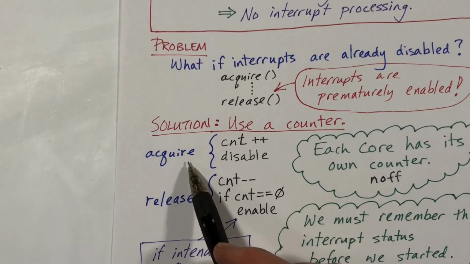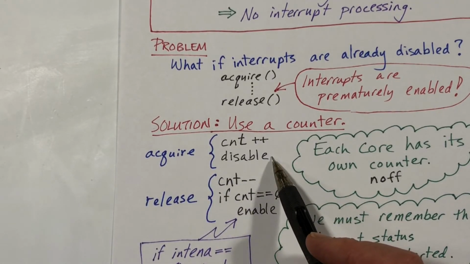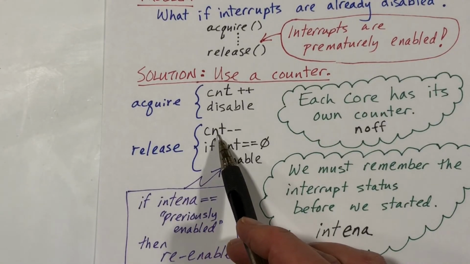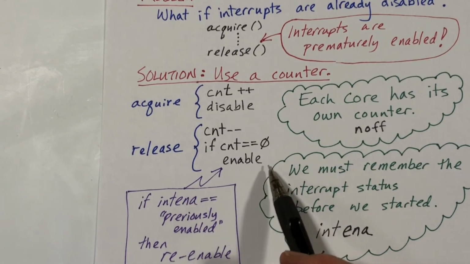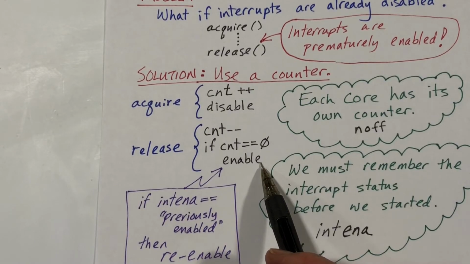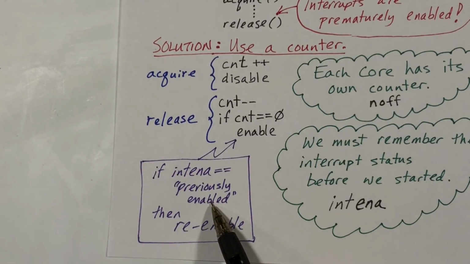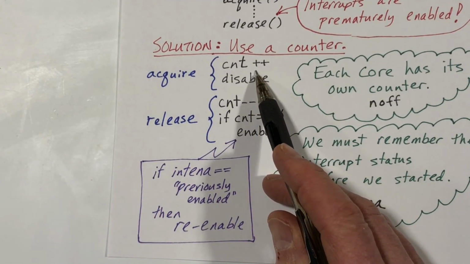So the acquire function will increment the counter and then disable the interrupts. Perhaps they were already disabled, but they will be after the acquire for sure. And what's release going to do? Well, release is going to decrement the count, and to handle the nested case, if it goes back to 0, then it's time to consider re-enabling them. More precisely, we need to ask whether they were previously enabled before the first call to acquire.